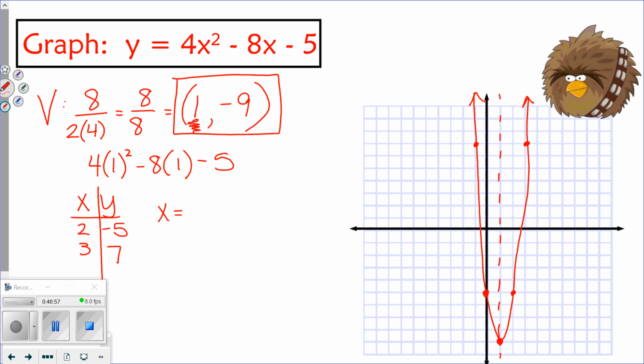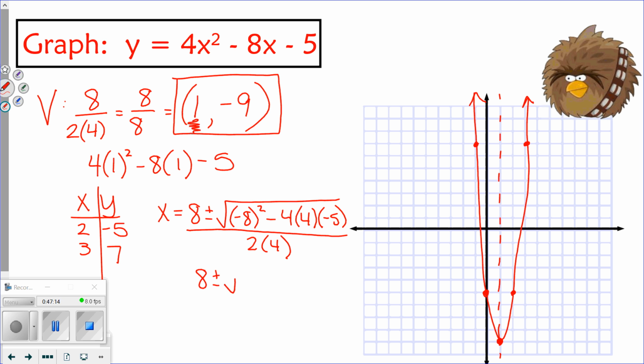So negative b is 8 plus or minus square root b squared minus 4 times a times c all over 2 times a. All right, what do we get underneath that radical? I got 144. Would this have factored? Yeah, it would have. Your discriminant's a perfect square. That's okay.